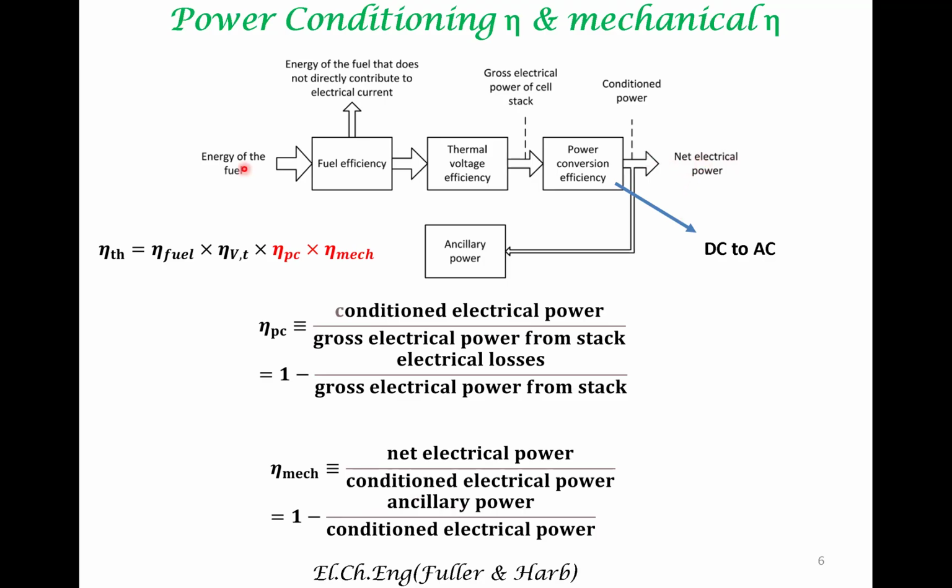Therefore, going from here to here, you have eta fuel associated with this subcomponent. This is associated with this subcomponent. These two are associated with these subcomponents. So the overall eta thermal is dependent on all these individual efficiencies.